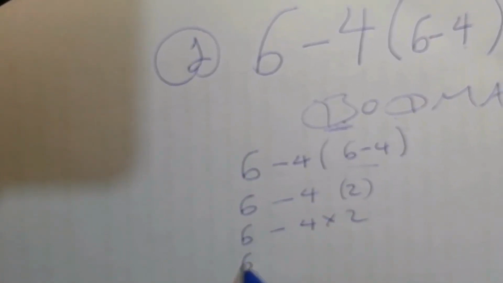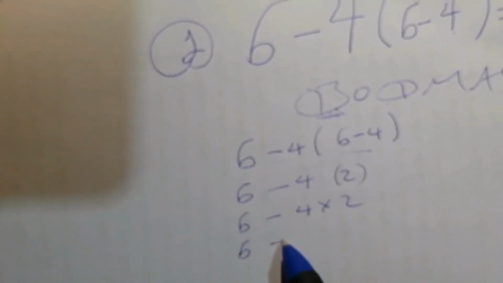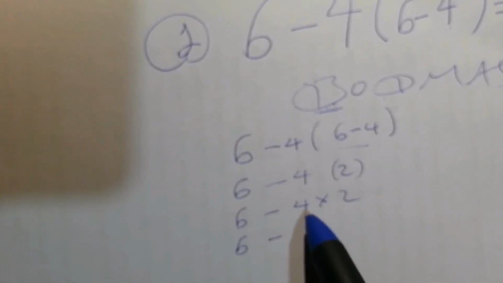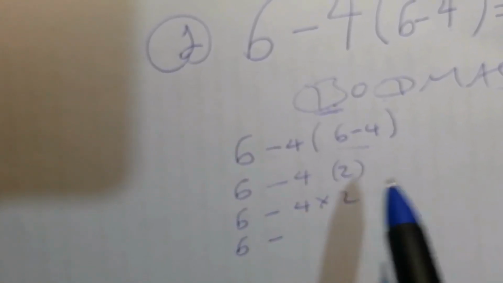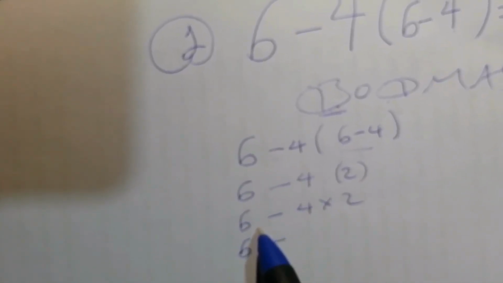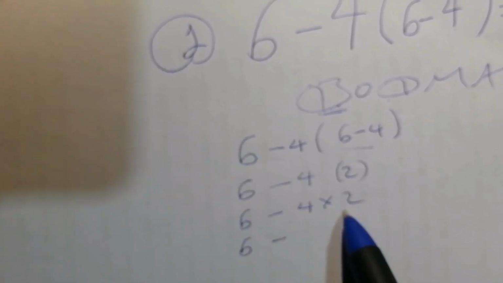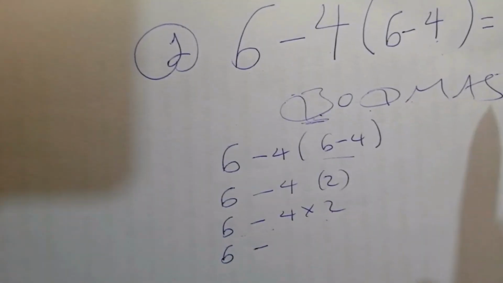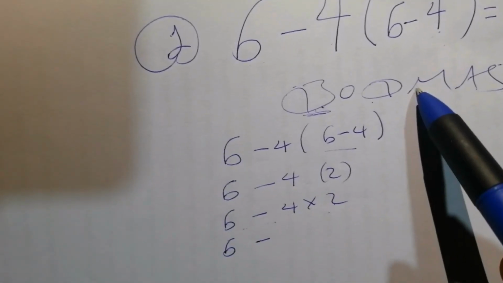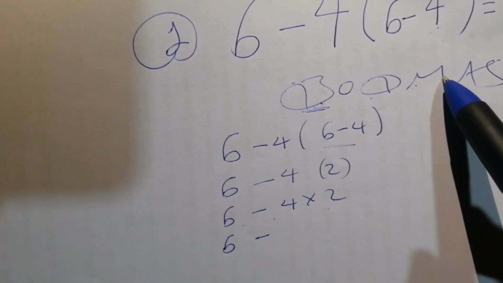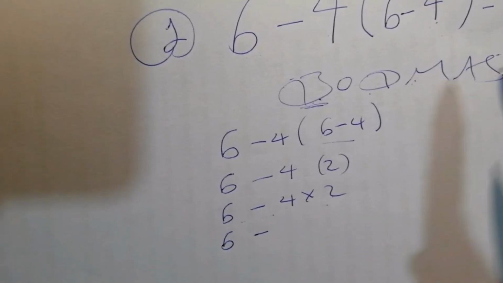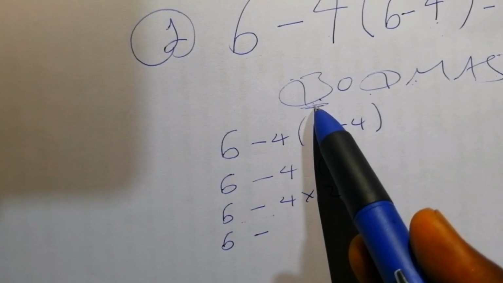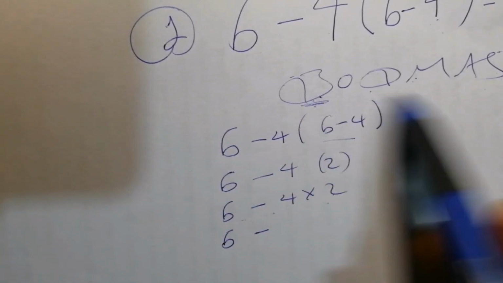Therefore 6 minus 4 times 2. Here there is subtraction and multiplication, so first we have to do what? Multiplication, because multiplication comes before subtraction because of the BODMAS rule.